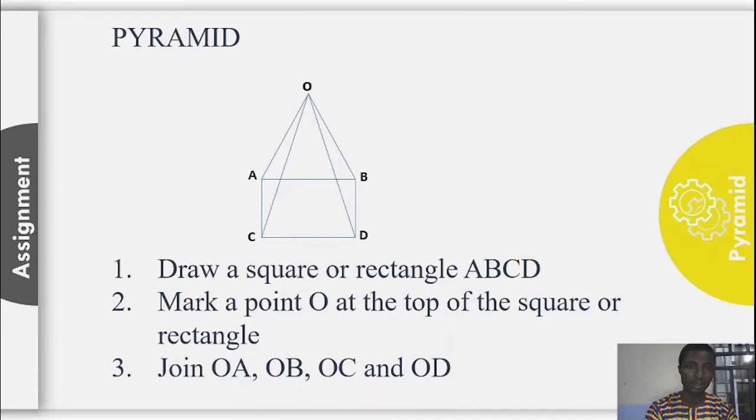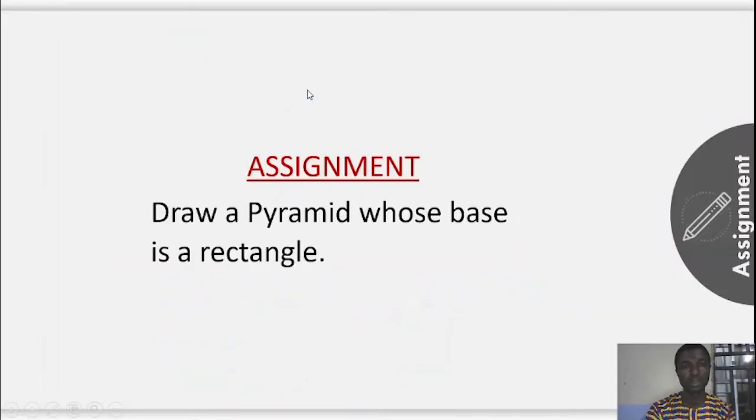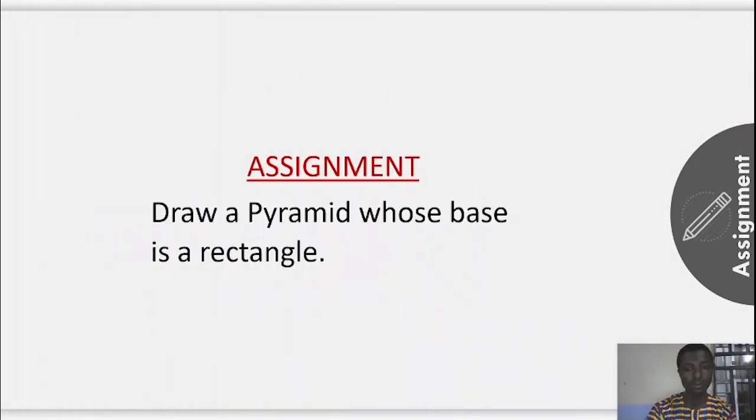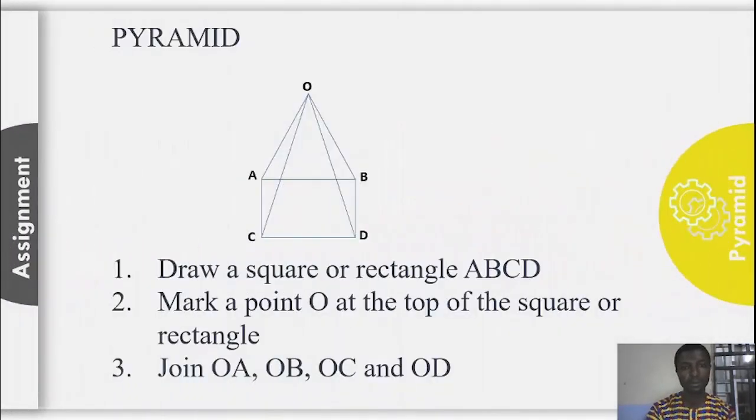Now, when you put a point upward here, just make a point here, then you join point A from the square to point O. All right?